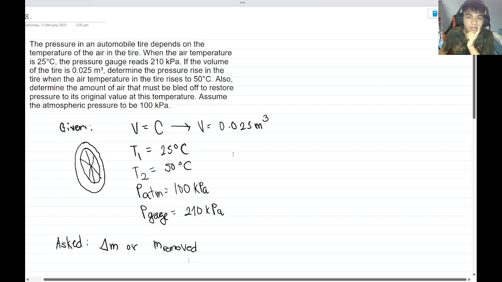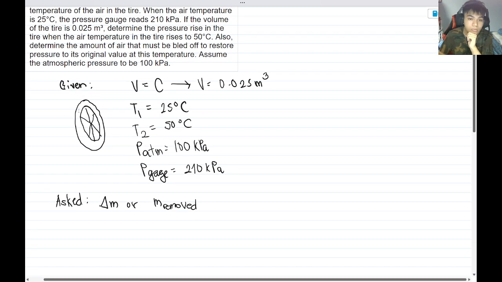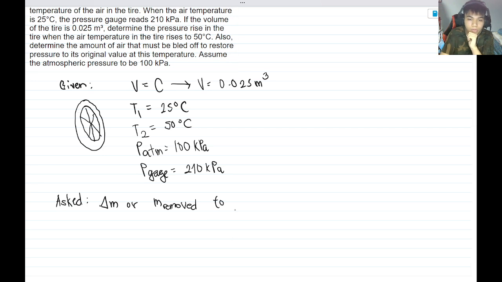So yung tinatanong sa atin, the mass of air to restore pressure to its original value at this temperature. So to restore the absolute pressure, I guess.